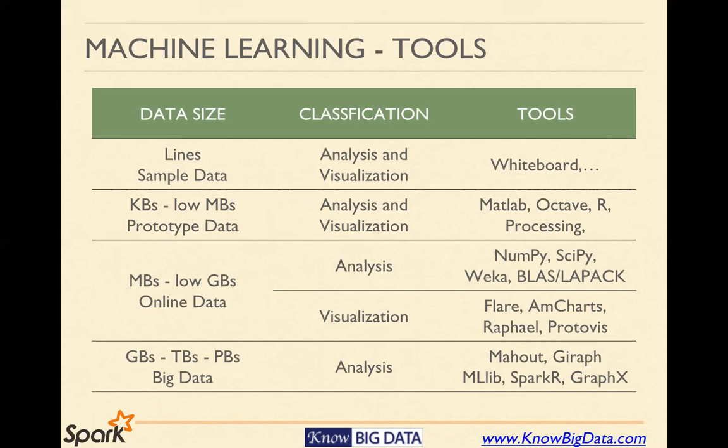If the data starts going beyond megabytes into gigabytes, then it doesn't make sense to do visualization of gigabytes of data. Why? Because the human eye is not sensitive to that kind of data, and plotting and presentation will take a lot of time. Therefore, there are two separate tools, one for visualization, other for analysis. When we go to more and more records, it becomes impossible to visualize gigabytes of data or beyond.